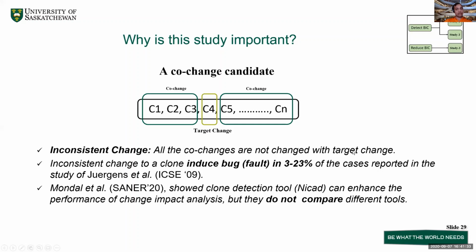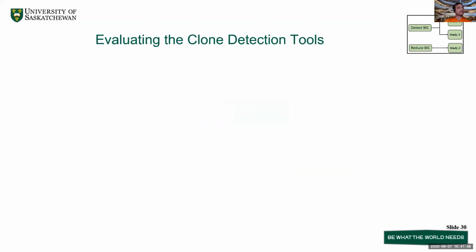For that reason, I compared some good clone detection tools in this study and tried to determine which clone detection tools could be good to use in these types of studies.